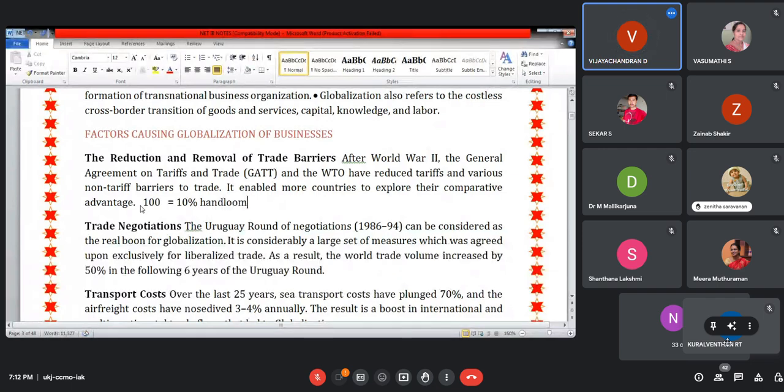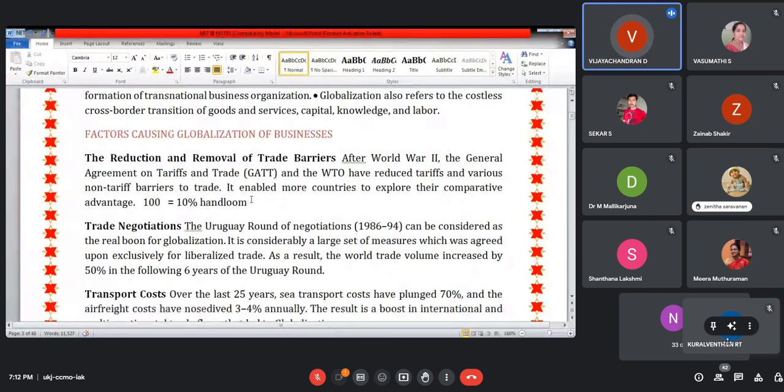So what happened? The companies in India couldn't import more handlooms. What is the reason? The quota is only 10 percent. So out of the total, they will import only 10 percent of handloom products, or say electronic goods, where they fix a quota of 5 percent, so they will import only 5%.